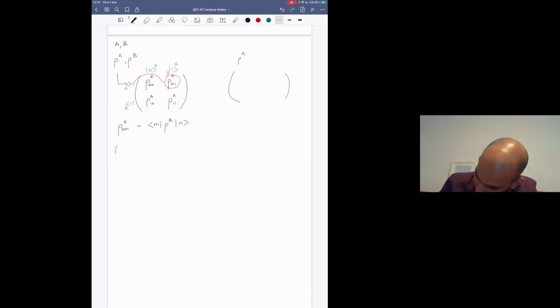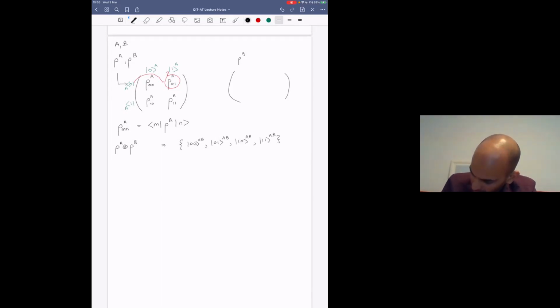So now what happens when I take the tensor product rho A tensor rho B? Now I have a new basis. So the basis of states now is 0,0 on AB, 0,1 on AB, 1,0 on AB, and 1,1 on AB.